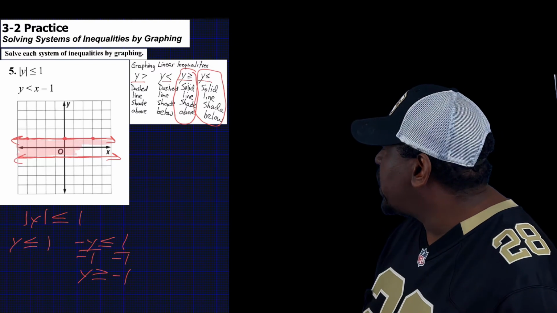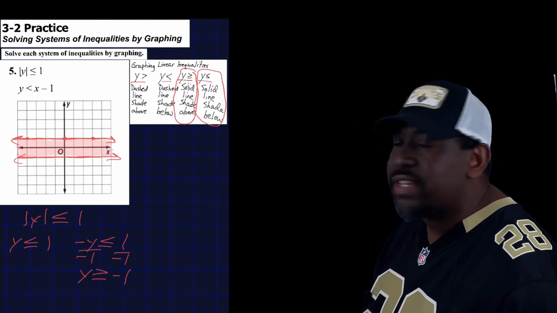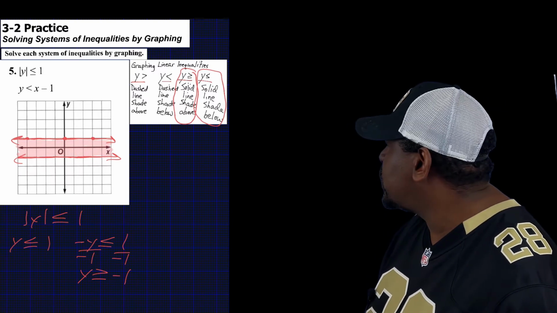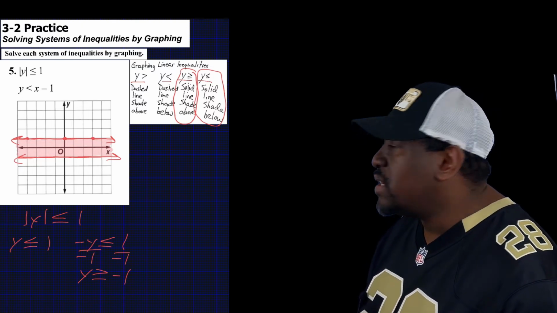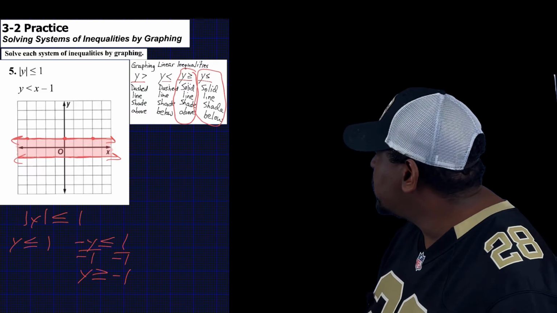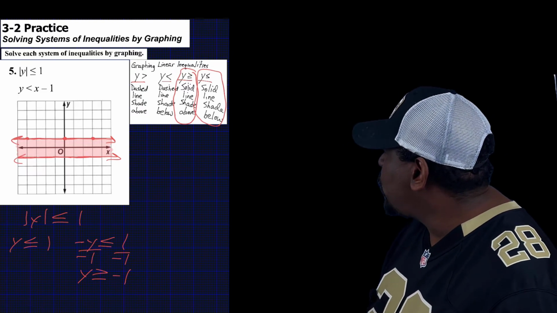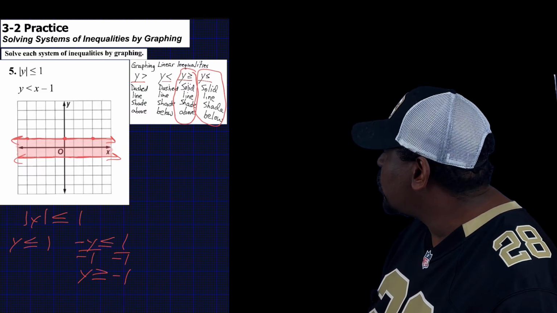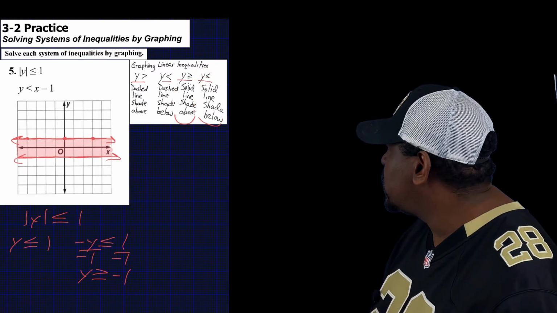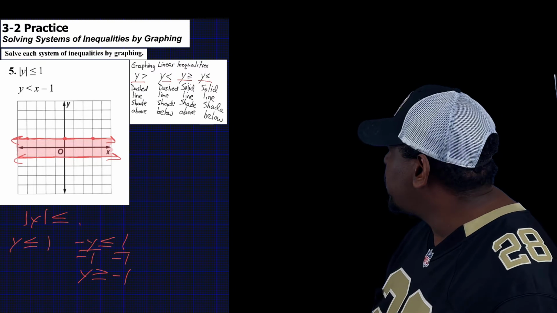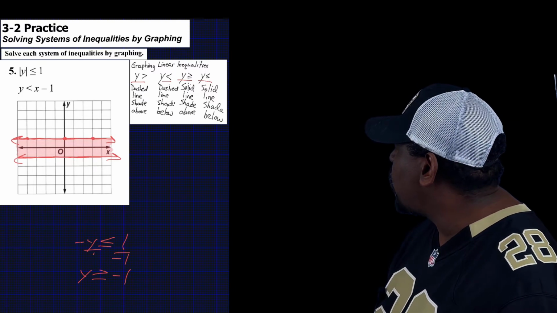And so that creates a region in between the two horizontal lines, and that is our solution for that. You can see that shaded in red. So at this point, we have graphed our first inequality, the absolute value of y less than or equal to 1. We erase our work, and we will now graph the second one.